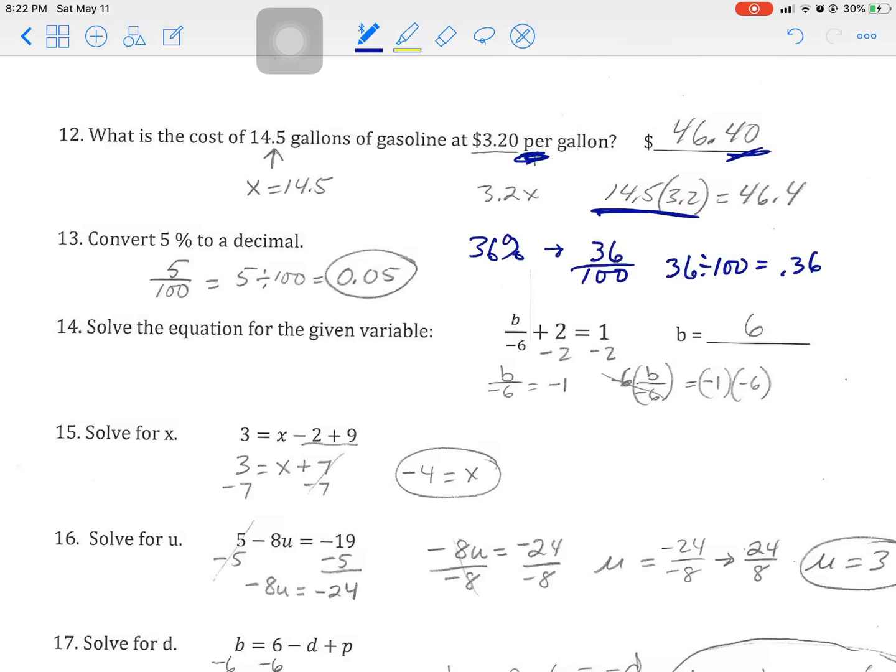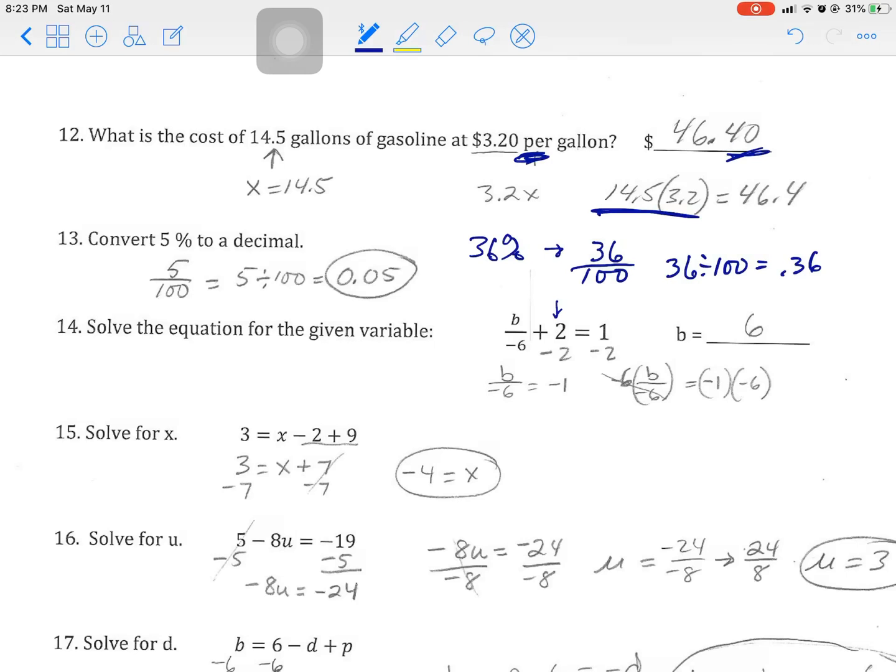All right. The next problem, there's a couple ways to do it. This is an equation, okay? Solve for b. So you have 2 choices. You can notice that your constant term, your 2, can be moved to the other side, because if we have a variable term, our goal is to get it alone on one side and all the constants on the other, okay? If you have a single variable.